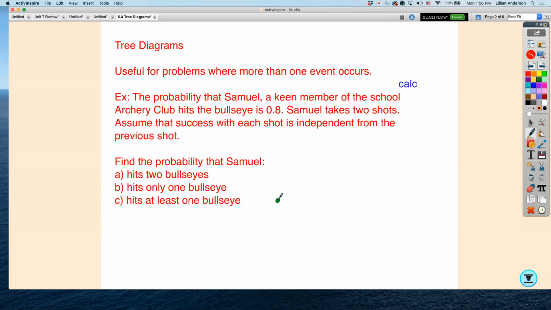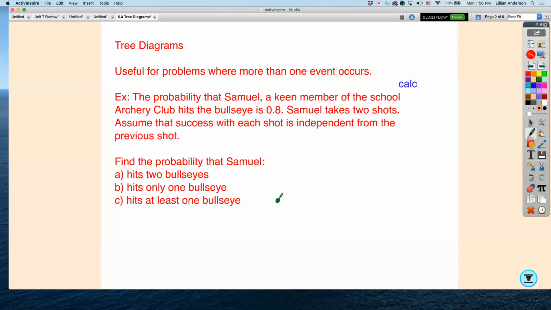Okay, the branches essentially represent the different things that can happen when Samuel steps up to shoot his archery arrow, right? What are the outcomes that can happen when he steps up and he's getting ready to shoot? When he shoots, what's going to happen? Either bullseye or not bullseye. Exactly.